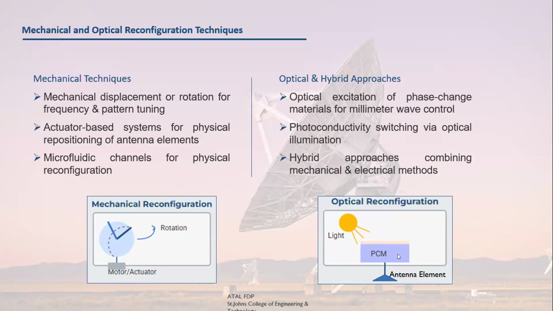But in the case of optical configuration, I use materials like PCM. PCM stands for phase change materials. When light falls on it, the phase of that material will be changed, so that the current given to an antenna phase will be changed, so that the pattern can be changed. That is optical excitation.